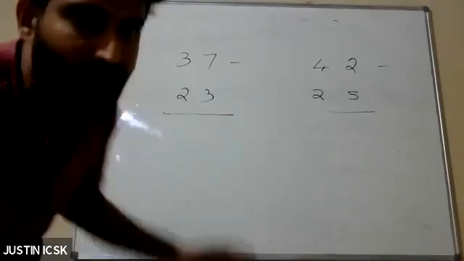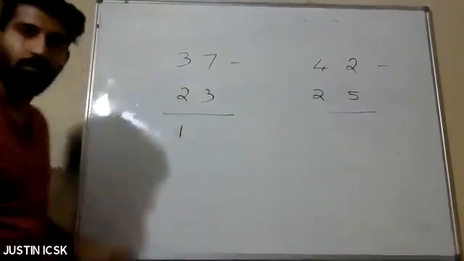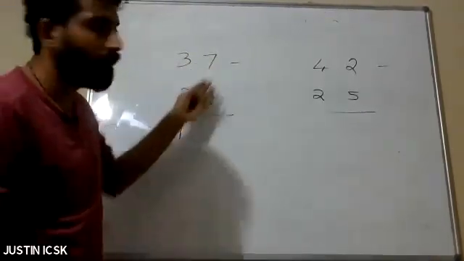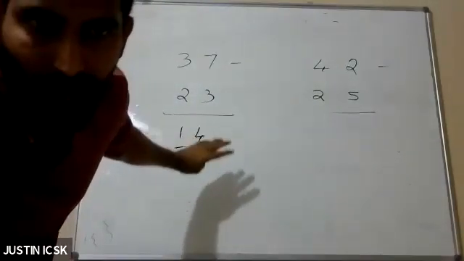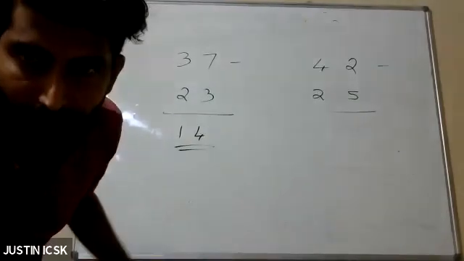This is direct. There is no problem. 7 minus 3 is 4. This is direct subtraction. So this is direct only, there is no problem.